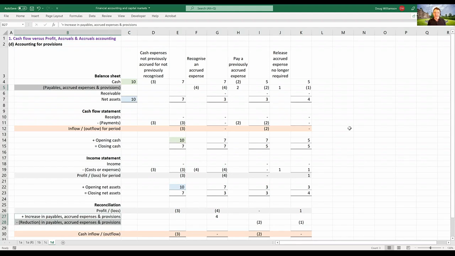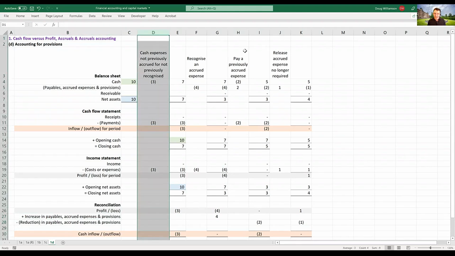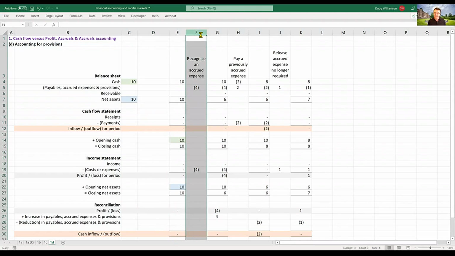So many things are the same. What's different? Essentially, it's the nature of the liability. Provisions are longer term compared with accrued expenses.